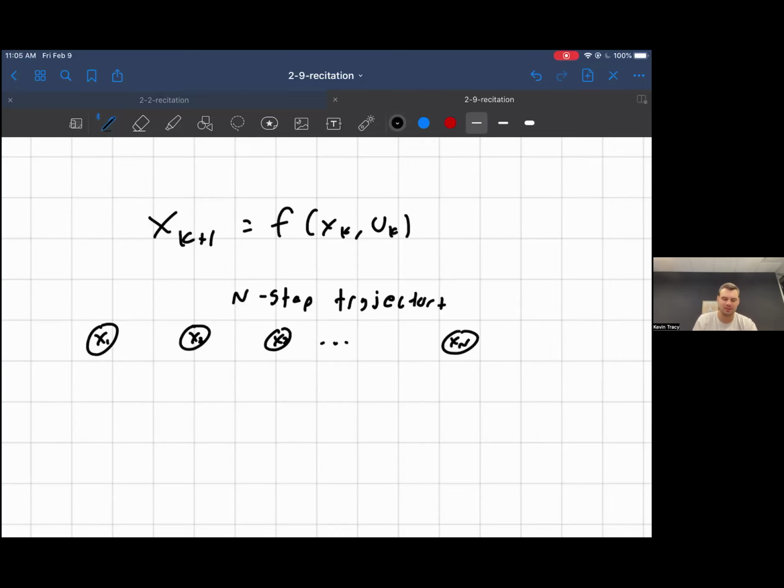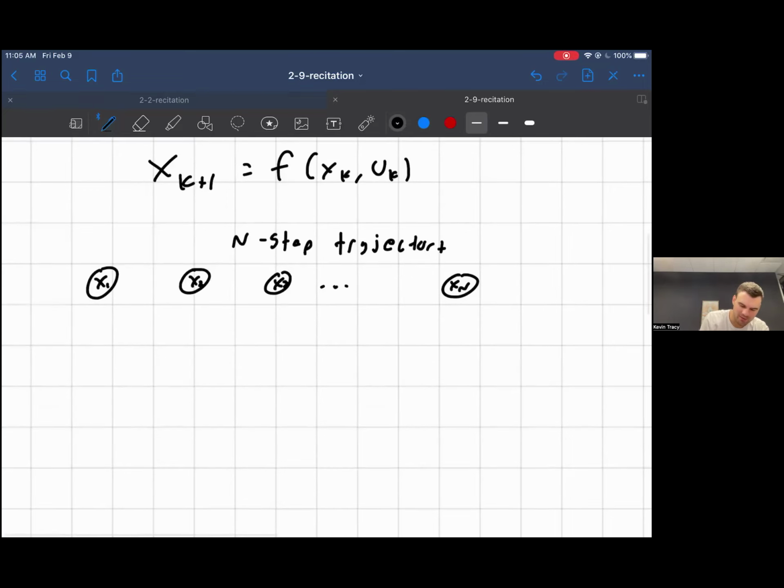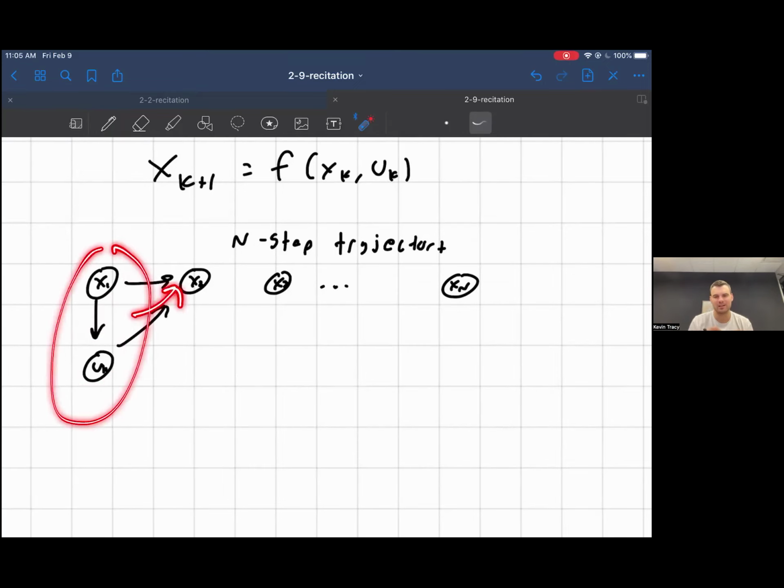I have n of these x's, and the way I actually get there is I have controls u. And the way these maps work is that I use x to decide what my control input is, and then my control input combined with x gives me my new x2. You don't have to really get hung up on this, but it's enough to know that we have this causal dependency where information from x is going to tell us what we do for u, and then these two together will combine to create x2.